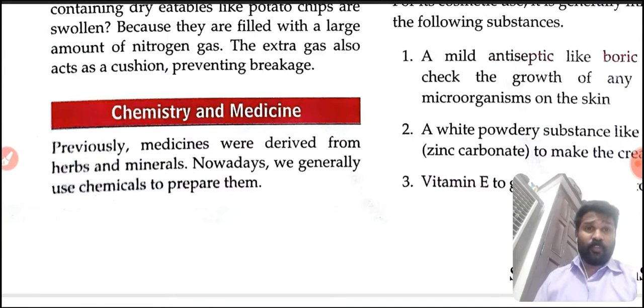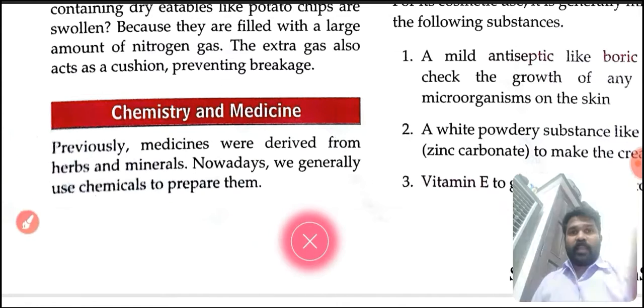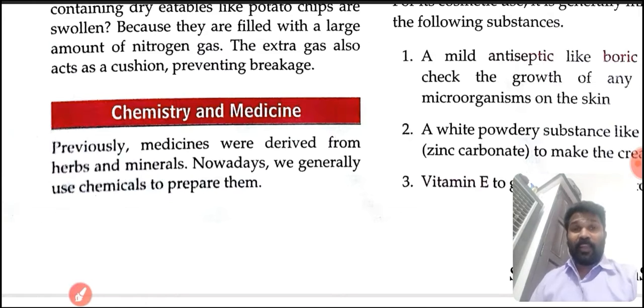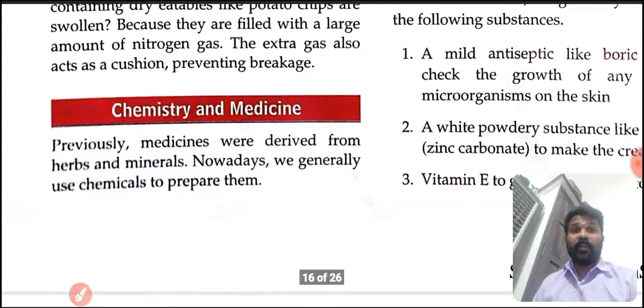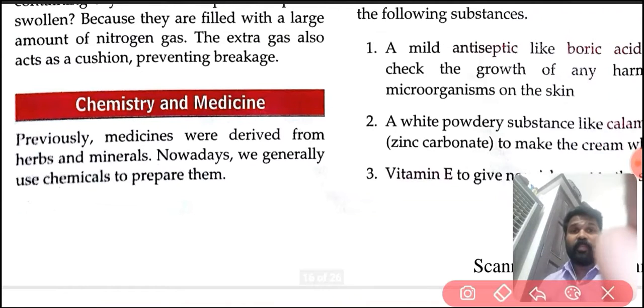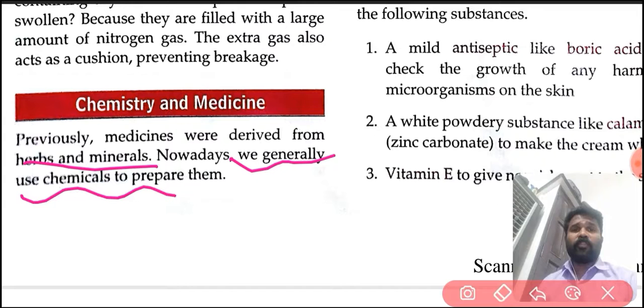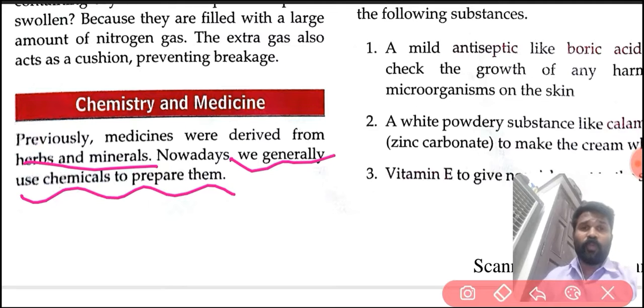Previously, in the earlier days, medicines were derived from herbs and minerals. Nowadays, we generally use chemicals to prepare them.